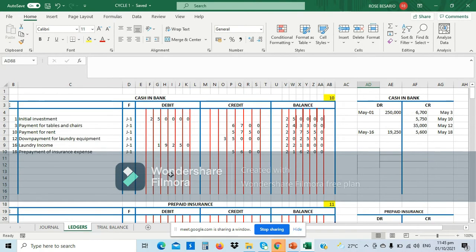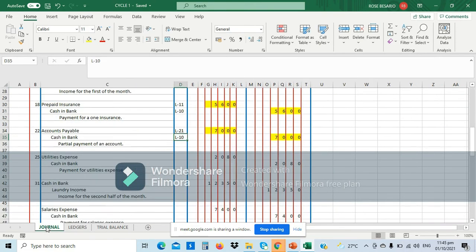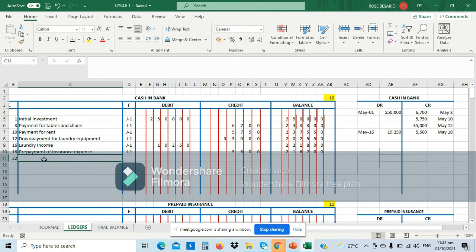Okay, so go to your cash in bank ledger. This is 22. Payment of account. And this is J1. So payment of account, that is 7,000.